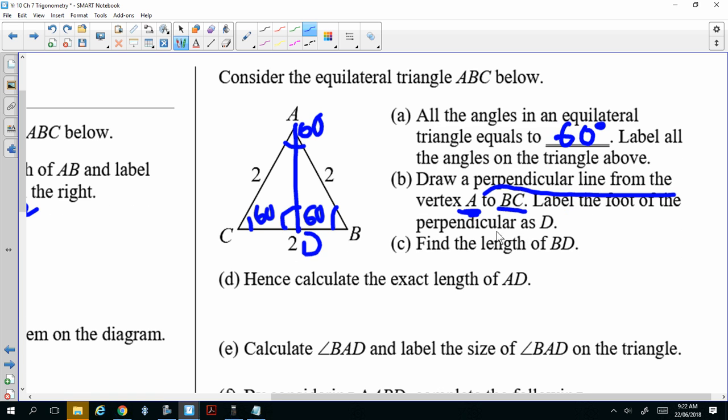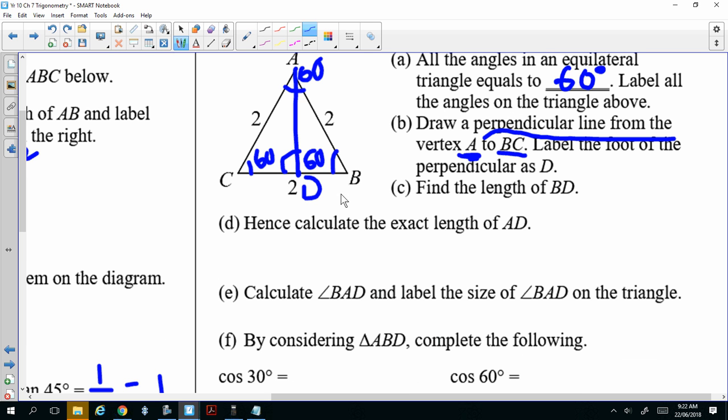What would the length of BD be? It's going to be 1 because it's like an axis of symmetry. So the length is 1.